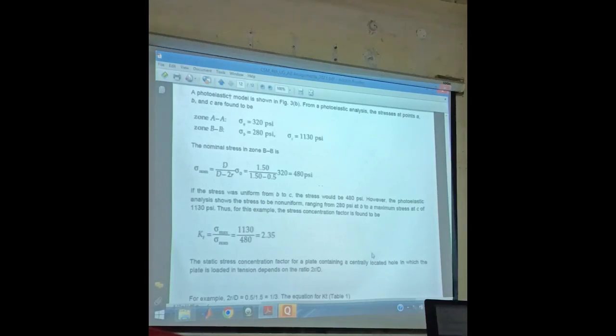Once again I am telling you, if you have an infinite plate, there is no effect of that width d. When the radius of the circle, or the discontinuity, is comparable with the width, there will be some factor. So the nominal stress we can calculate, and Kt will be sigma maximum by nominal stress. That you have to calculate.